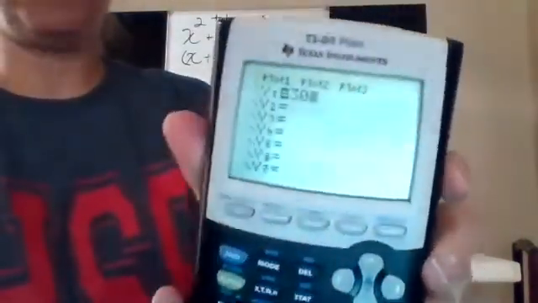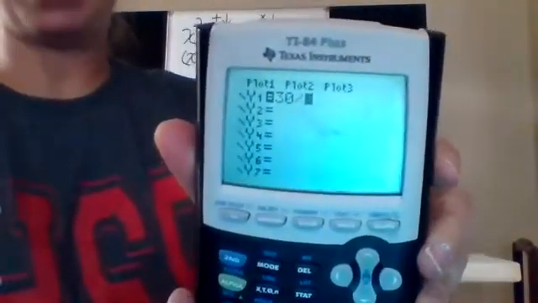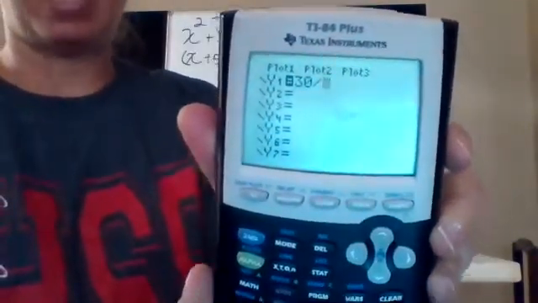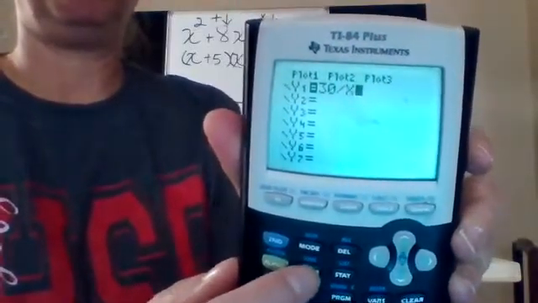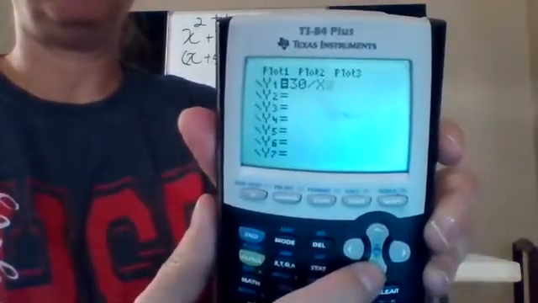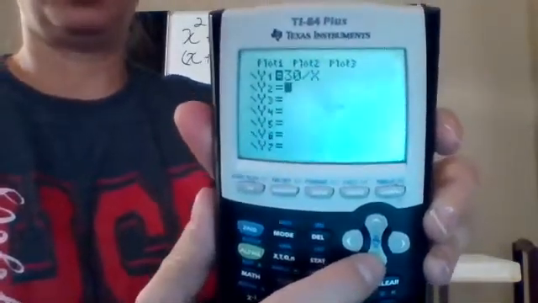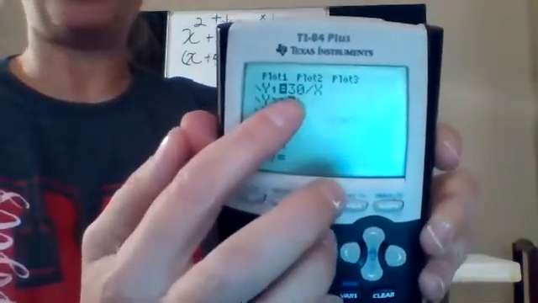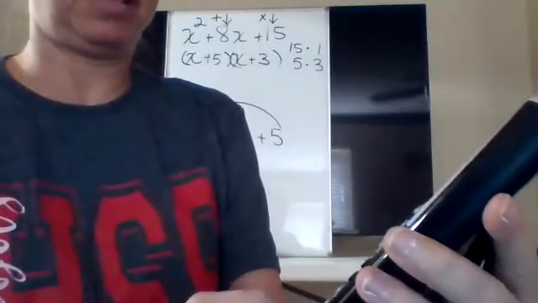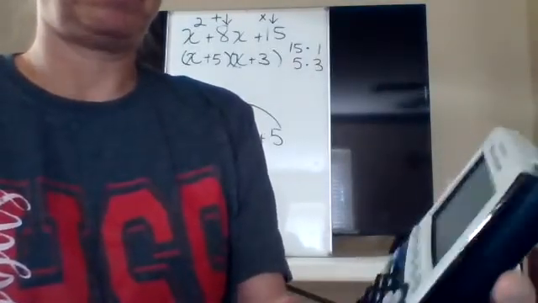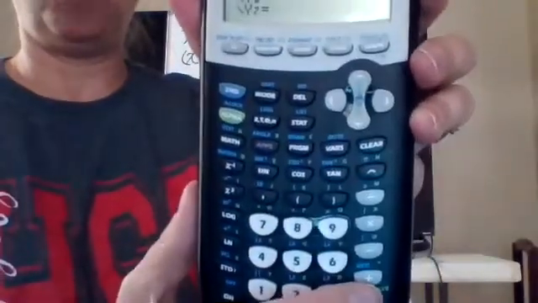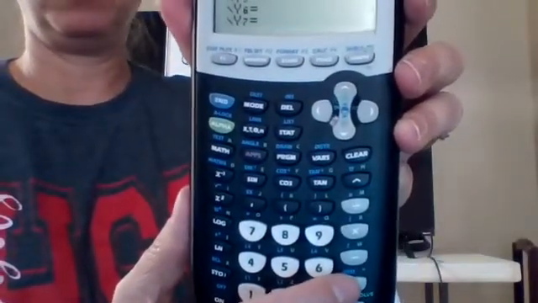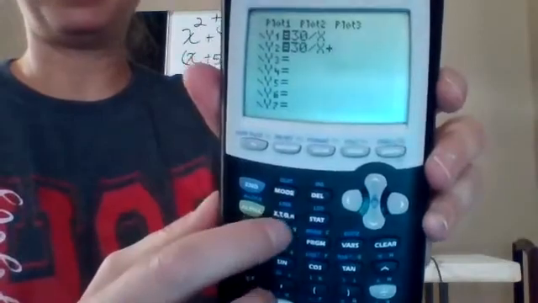So you'll put in positive 30, then you'll hit divided by X. This button right here is your X button. Then you'll go down. You're going to type in the same exact thing, another 30 divided by X. But after you type in that, you're going to now hit your plus button, and then you're going to hit X again.